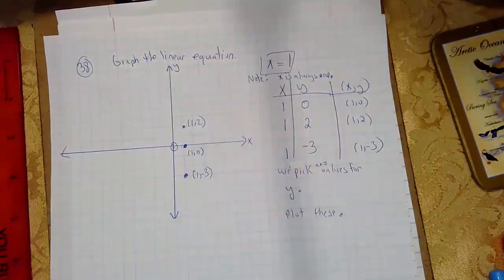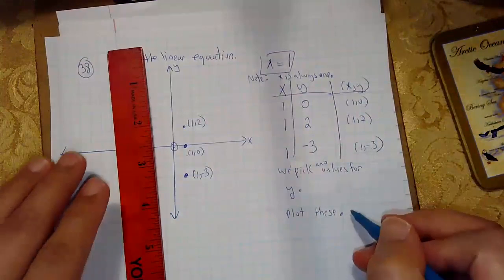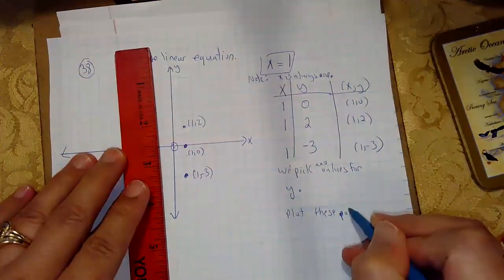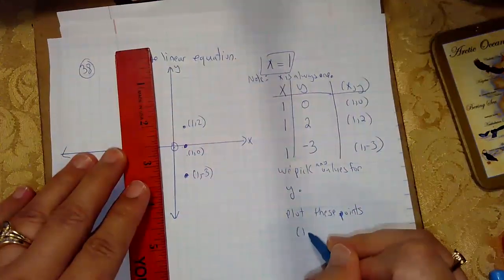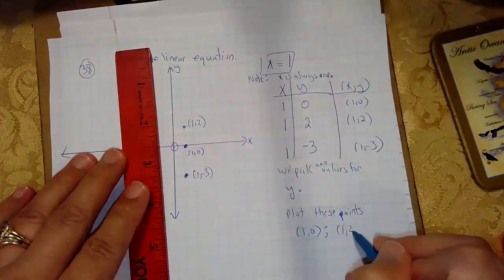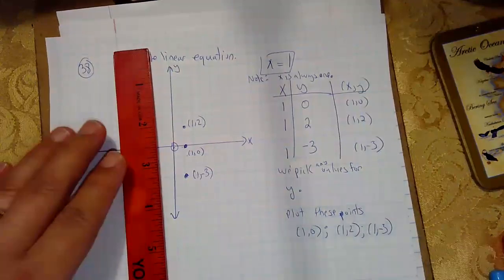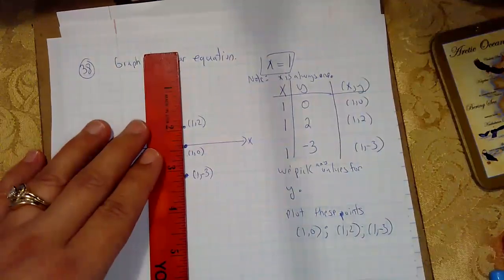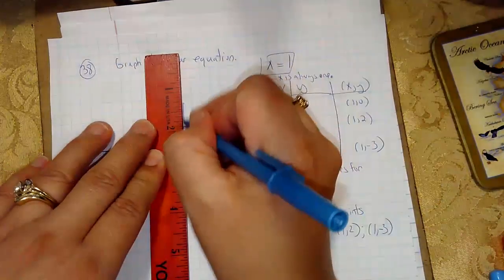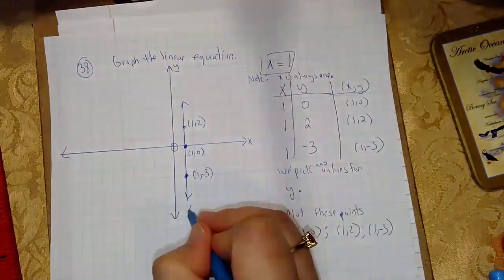Okay, and then I connect those points, so plot these points. Okay, and this is x equals 1.